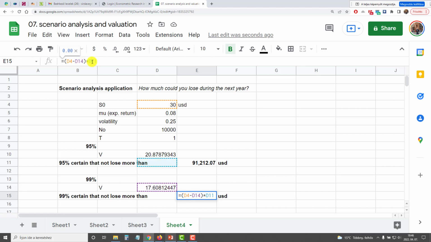Okay, the 14 is good, this one is not good, this is the D7.